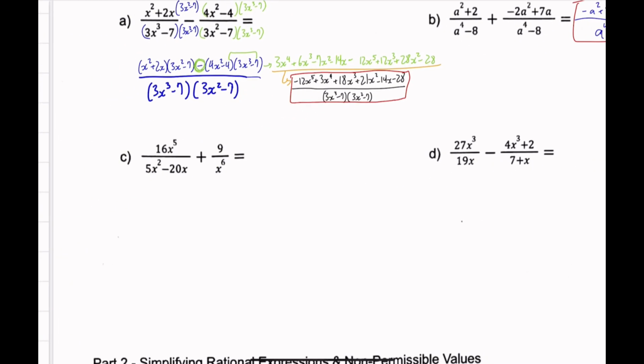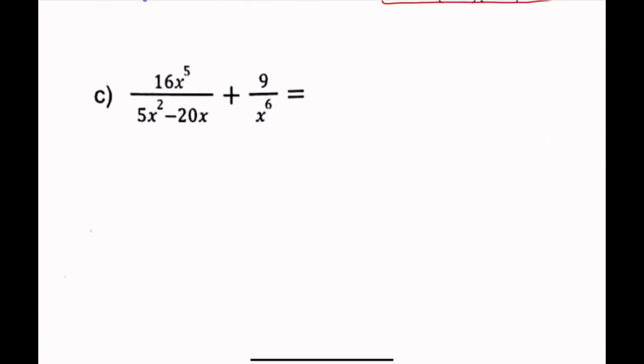And then C, let's take a look. These two have different denominators, so we'll have to find the common denominator. But this has x and this also has x, so we can say this is x times 5x minus 20, and this is x to the 6th power.